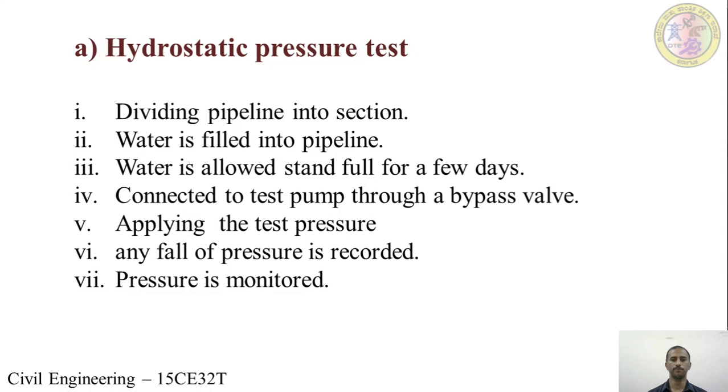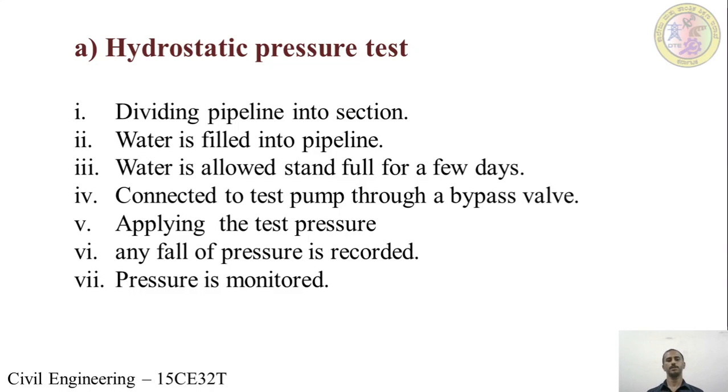Once the water fills in the pipeline, it is made sure that all the air entrapped is released from the pipeline. Then the upper sluice valve is closed and the water is allowed to stand in the section of the pipeline for a few days.